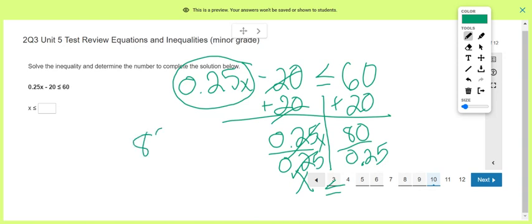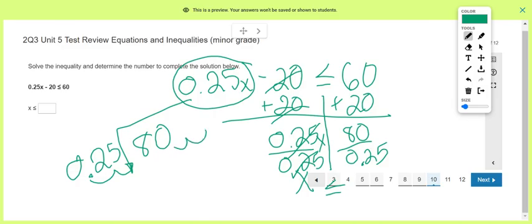So now we're going to solve 80 divided by 0.25. And just like the other one, when we have a decimal on the outside, we move the decimal over 2 places to the right to divide by a whole number. And when we move that 2 tens place value, we need to move it on the inside as well.